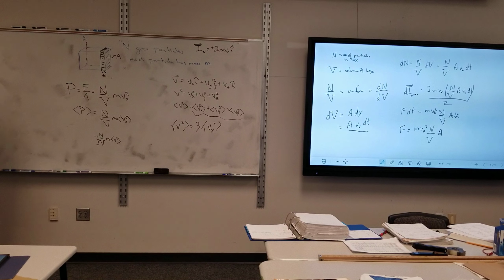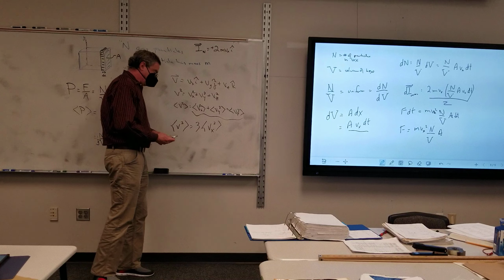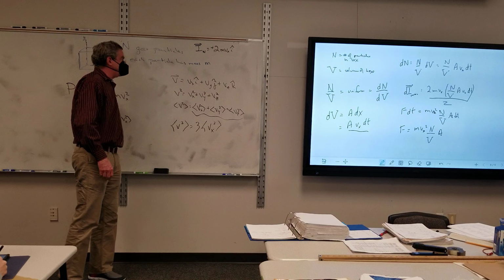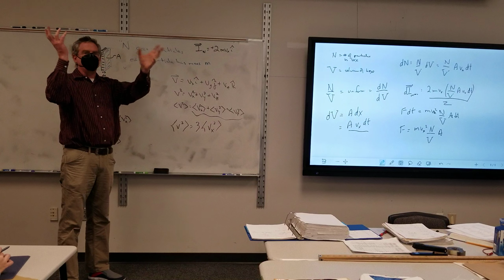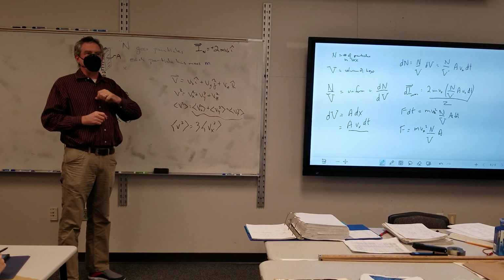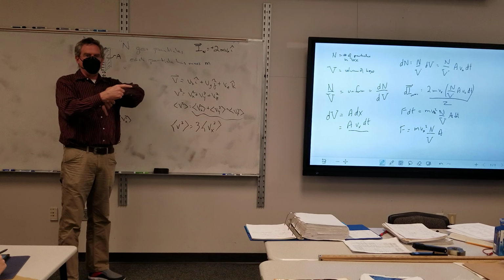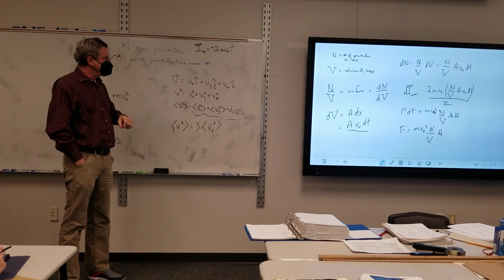Sorry, how did we get the 3 times vx squared? I'm making the claim that the particles inside this box, there's a whole bunch of them, and they're moving around randomly with no particular orientation. It's just as likely to be moving this way as that way, in any direction.